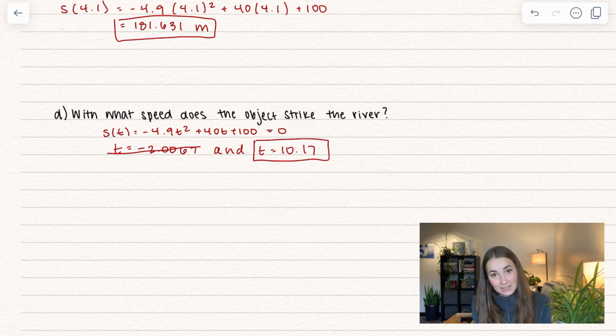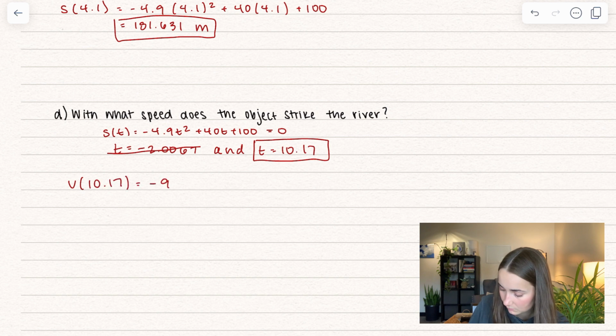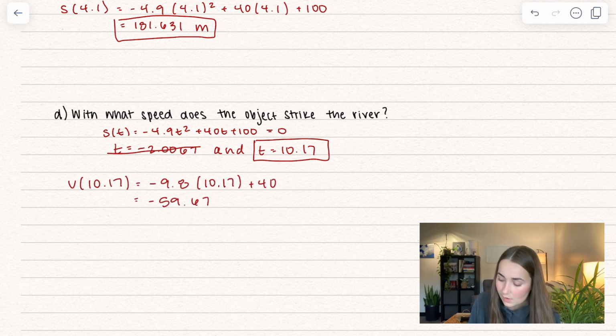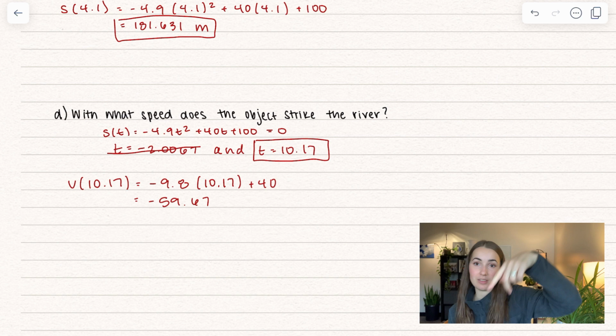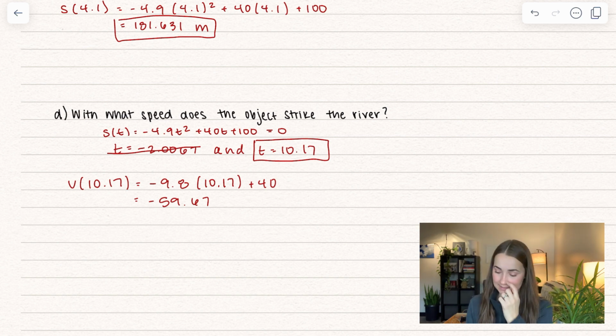So we're finding the speed at which the stone hits the river. Speed has to do with velocity. So I'm going to take our velocity function and plug in our time. We got our velocity is equal to negative 59.67, and that's because the stone is coming back at the earth. So it's going in a negative direction.